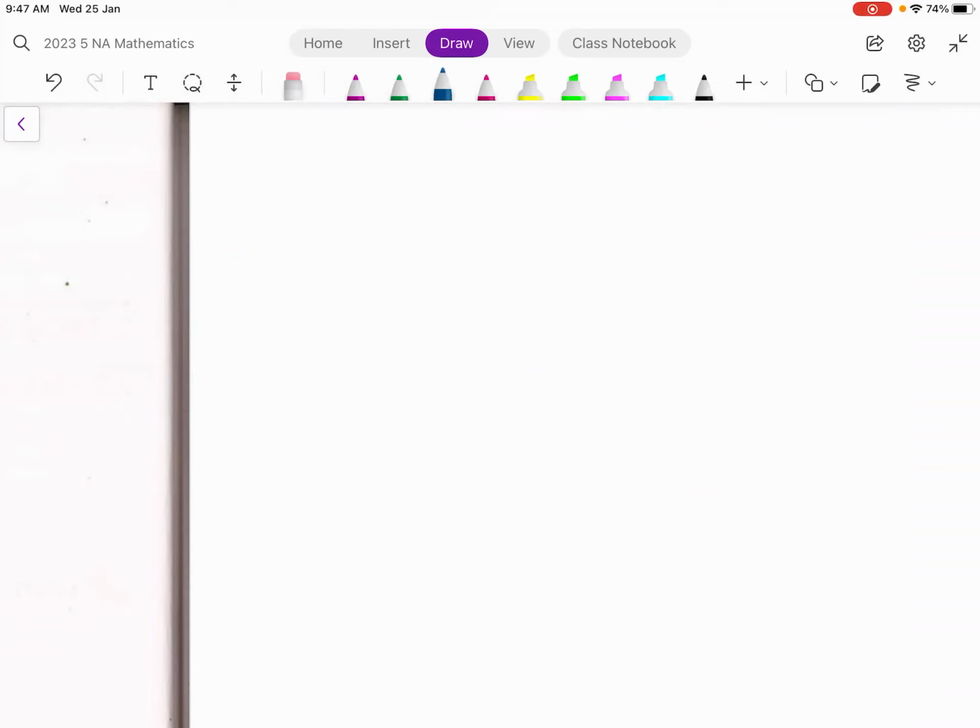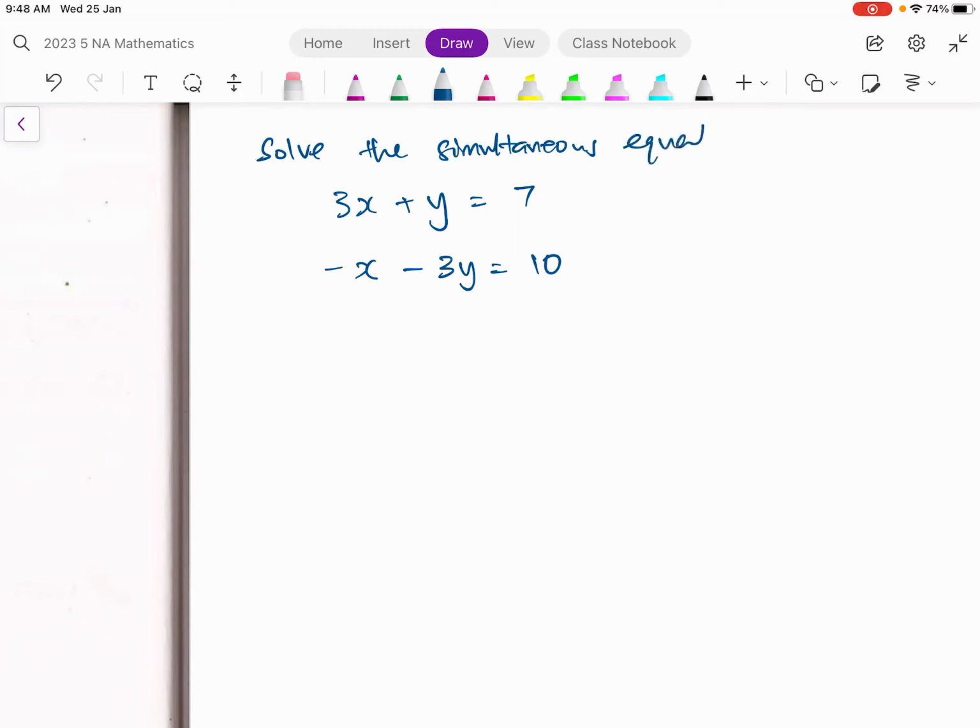I'm going to create two equations. So let's go with 3x plus y equals to 7, as well as negative x minus 3y equals to 10. For example only, how are we going to solve this? In fact, when they ask you to solve the simultaneous equations, what does it mean actually?